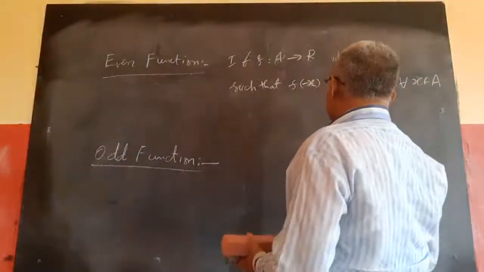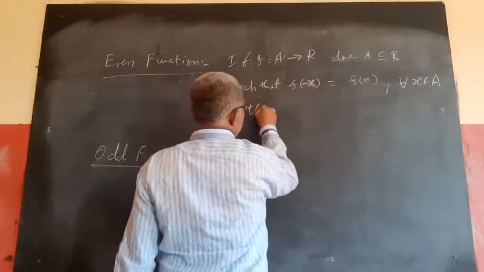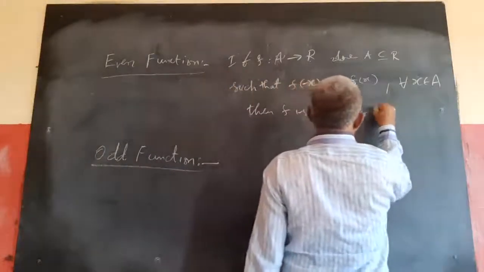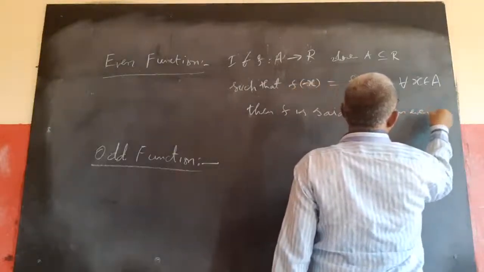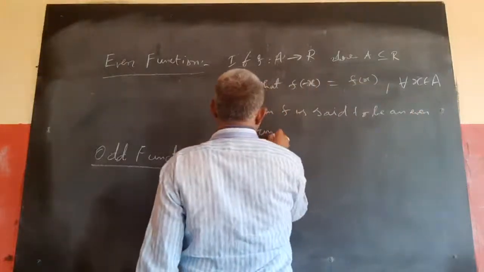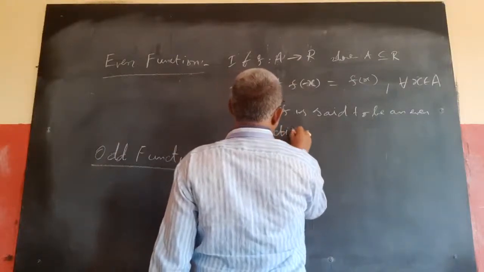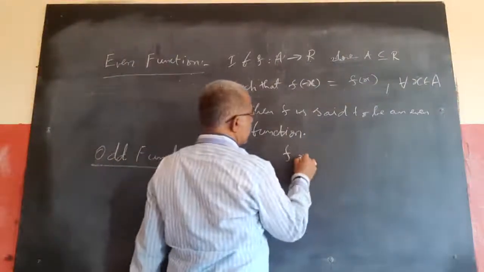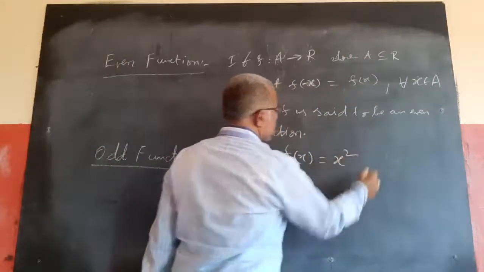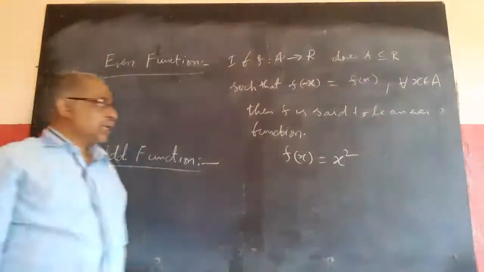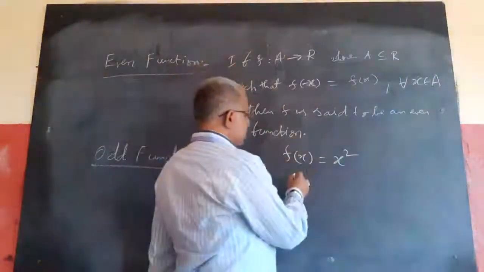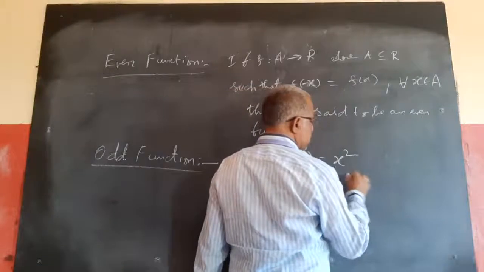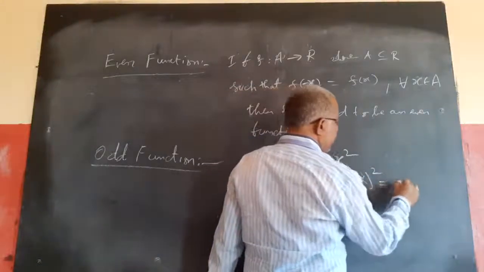For example, f of x equal to x square is an even function, because if you find f of minus x, minus x whole square becomes x square.